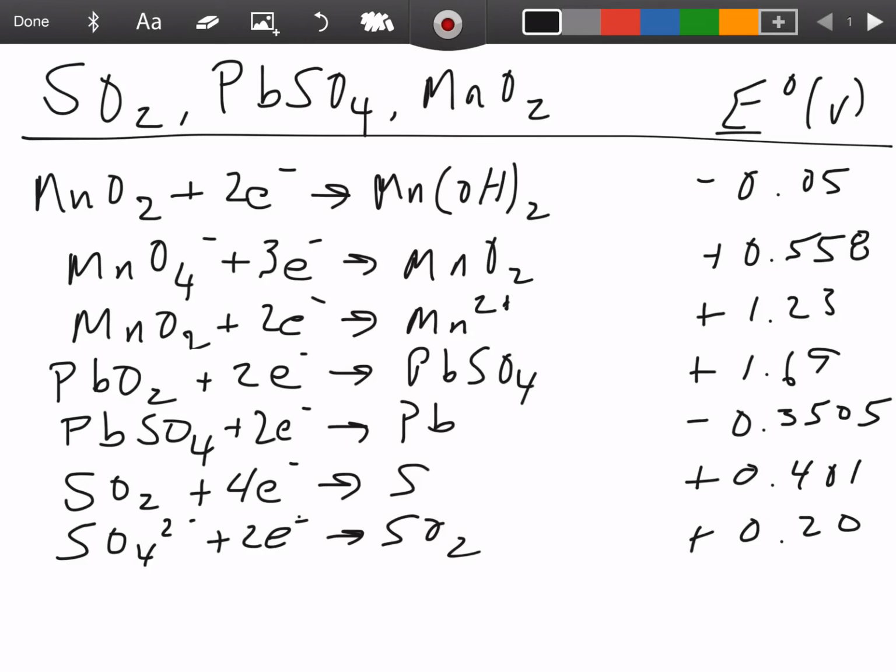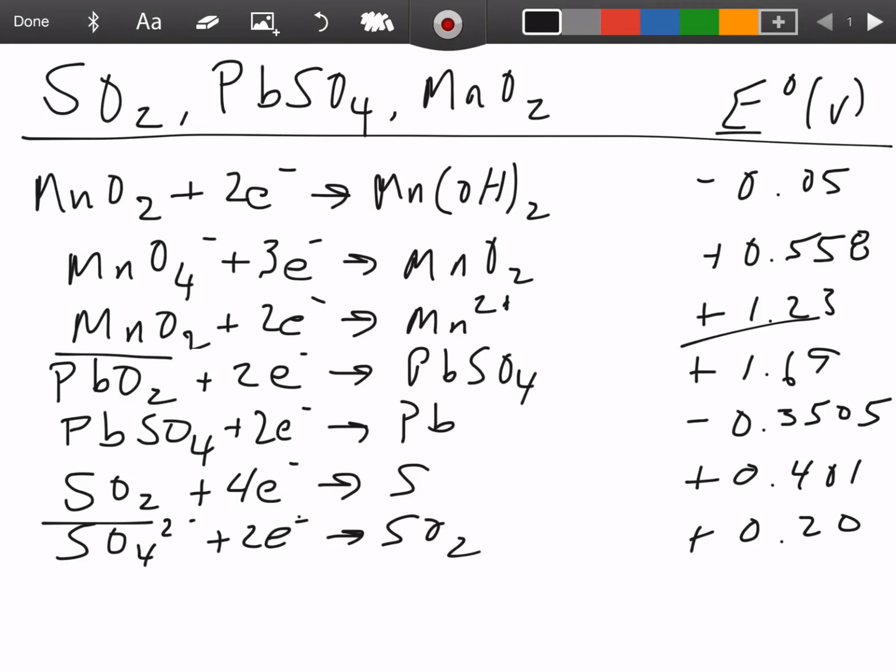Is it MnO2, PbSO4, or SO2? When I take a look at these, I see MnO2 giving me a positive 1.23 volts, and that one is the most positive of the three species. The next one: is it lead sulfate or SO2? Lead sulfate, if it's going to be an oxidizing agent, gives me a negative potential, whereas sulfur dioxide gives me a positive 0.401.